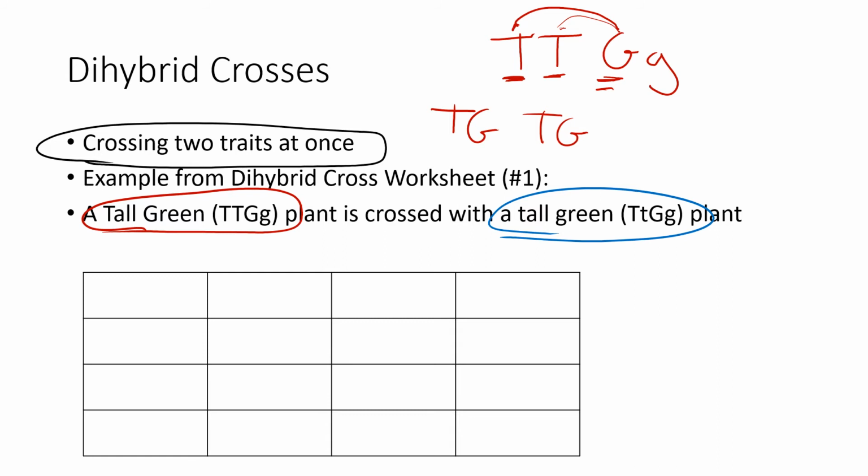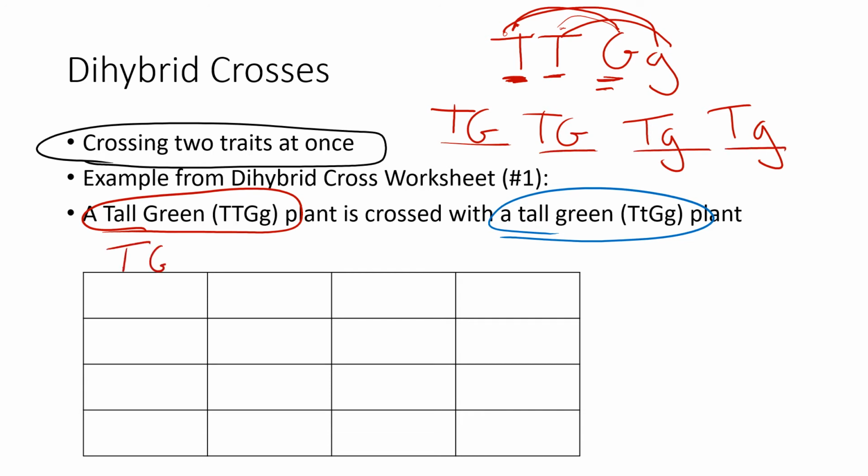She could give this capital T again and also give the little g, so capital T, little g, or this capital T and little g. All right, so those are the four possible genotypes she could give.